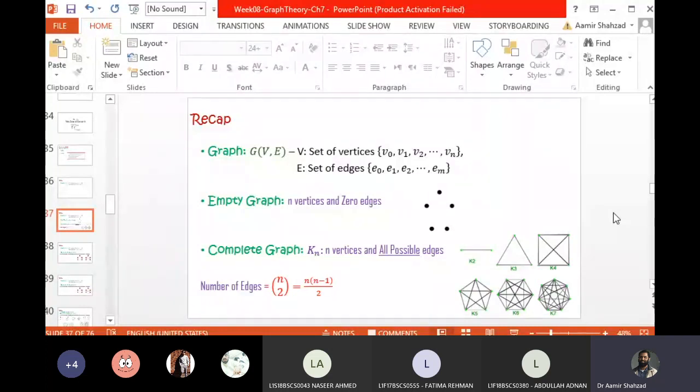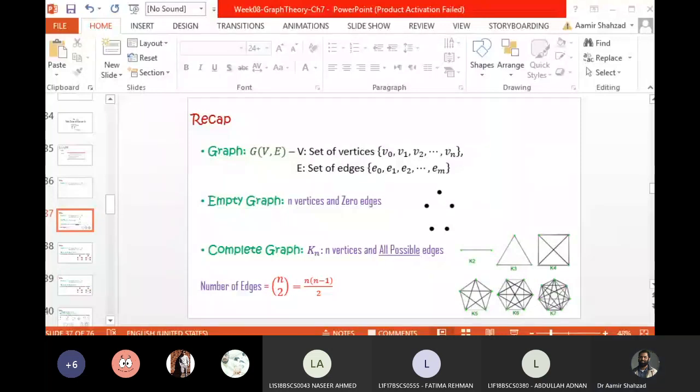So n into n minus 1 individual connections हैं, और जो भी connection है, involves two nodes, so we have to divide it by 2, क्योंकि हम individual connections या degrees उसको कहें, individual degrees काउंट करेंगे तो वो 2 times number of edges हो जाएगा. ये हमने लास्ट टाइम में डिस्कस किया था. So we have to divide it by 2, or in other words we can say it is n choose 2.